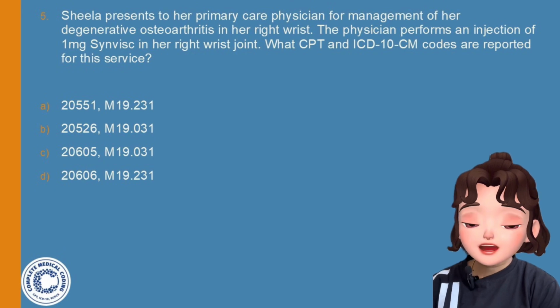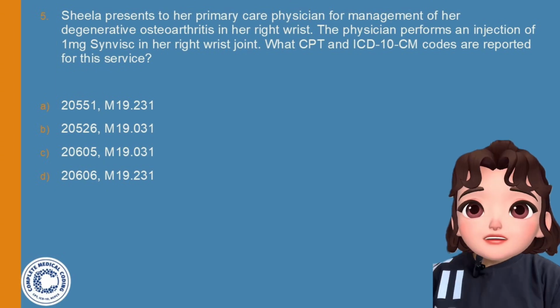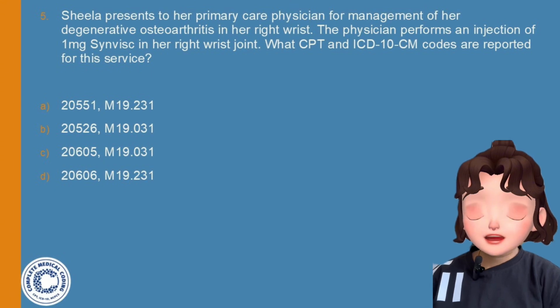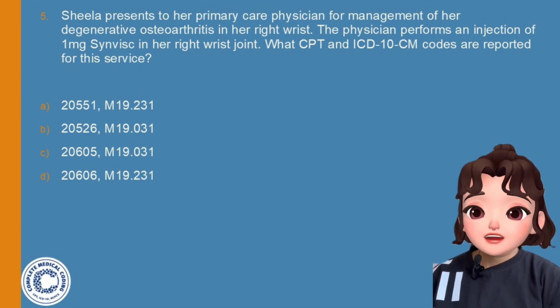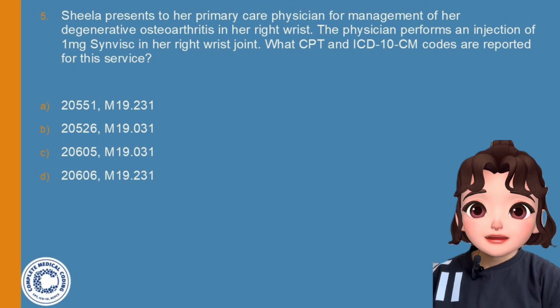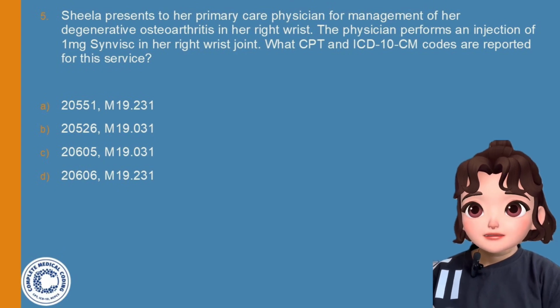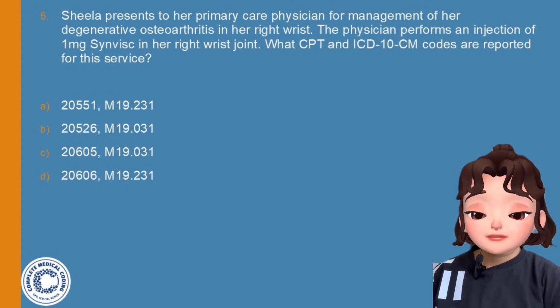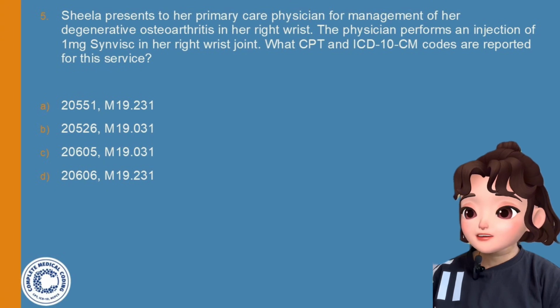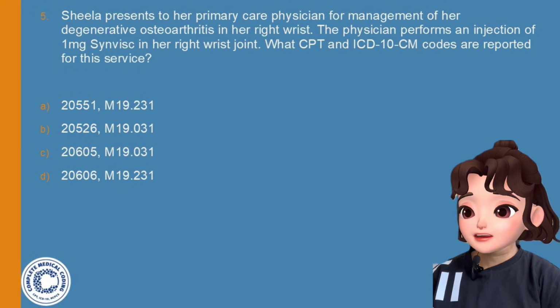So now you have to check the CPT codes, options B and C. 20526 and 20605. What is 20526? Injection therapeutic carpal tunnel. And what is 20605? 20605 is arthrocentesis, aspiration and or injection, intermediate joint or bursa.